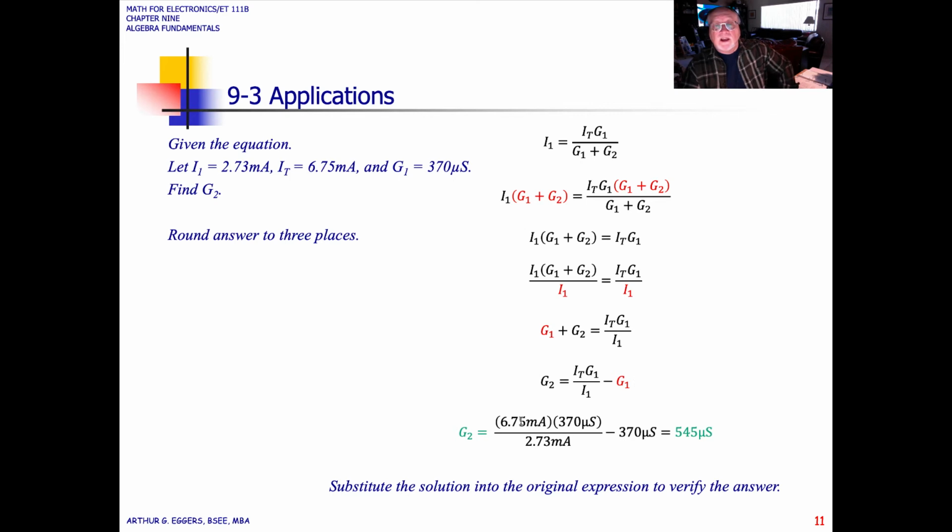Now start plugging in your values for IT, G1, I1, and G1, in each of these places where they are currently literals, and solve for conductance G2. Again, the trick is going back and taking all the numbers, sticking them back in the original expression, and making sure that your answer, in fact, is correct.